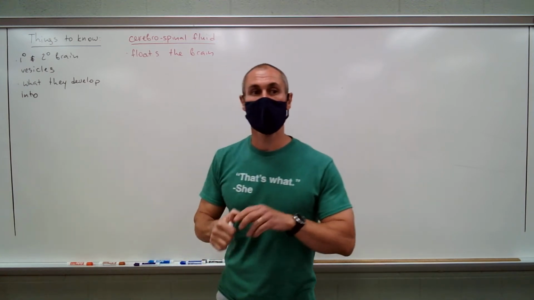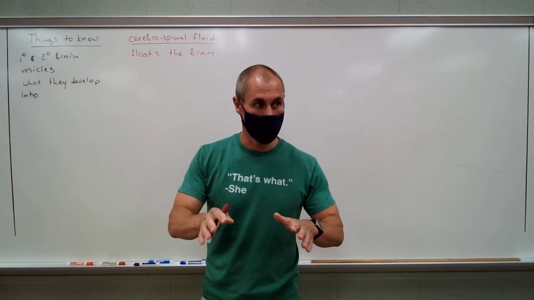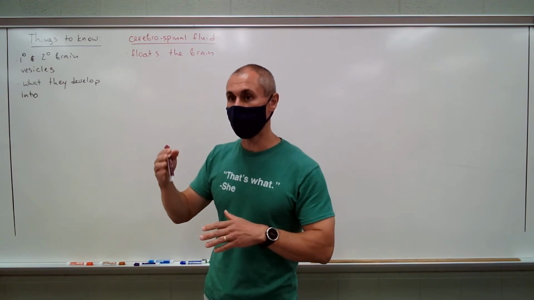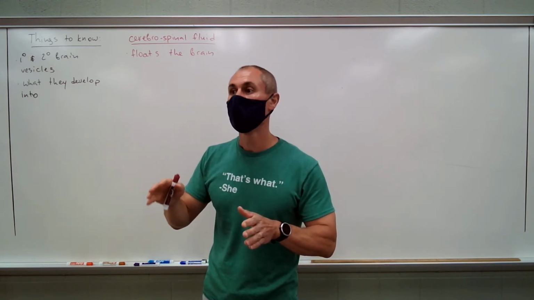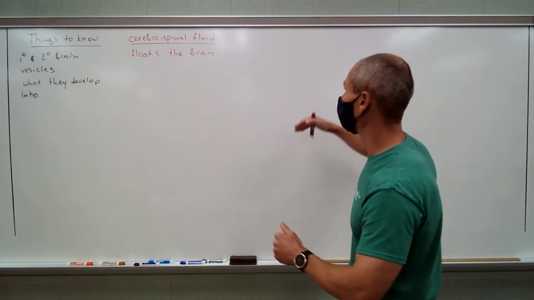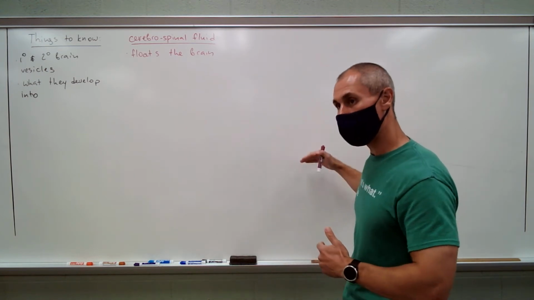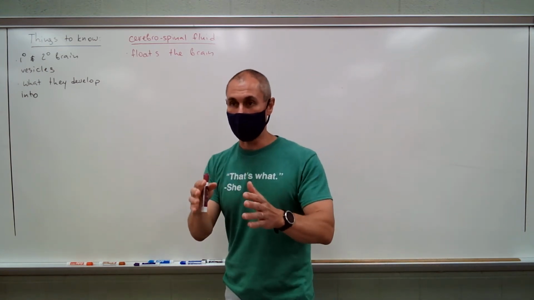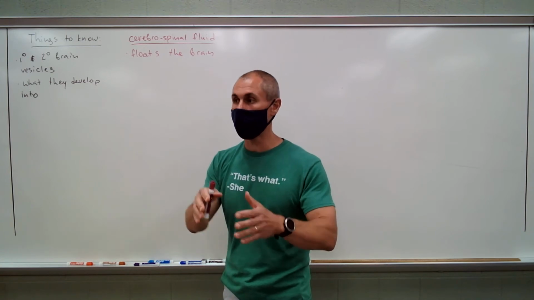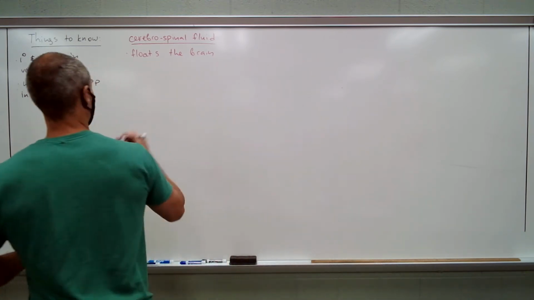There are going to be some ideas that are not clear at first glance, but I'm going to lay out cerebrospinal fluid and brain meninges next to each other. There's a lot of conversation between those two, so these ideas will become clear as we move on. Floats the brain.